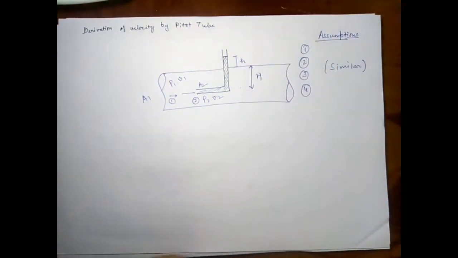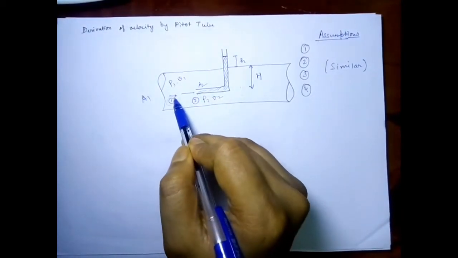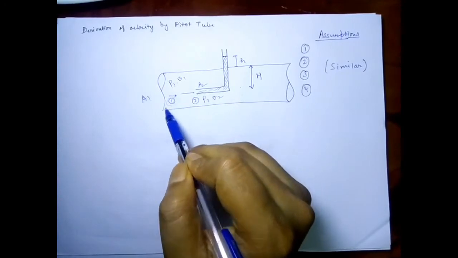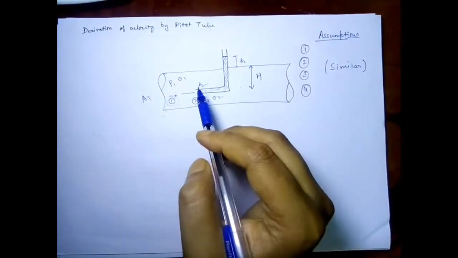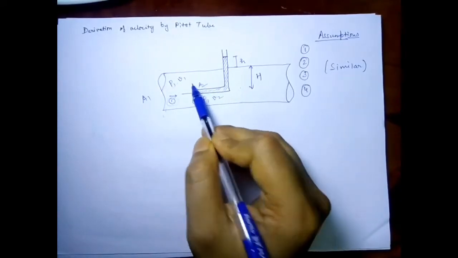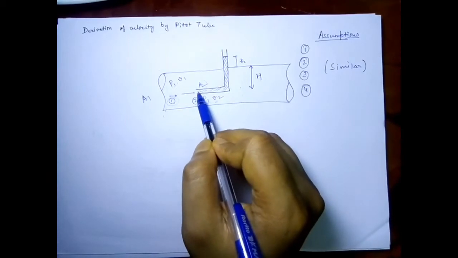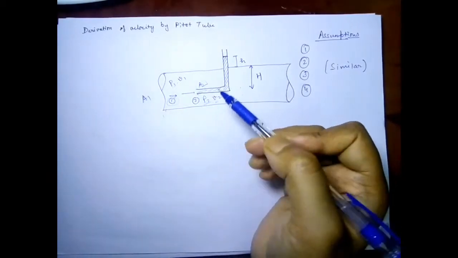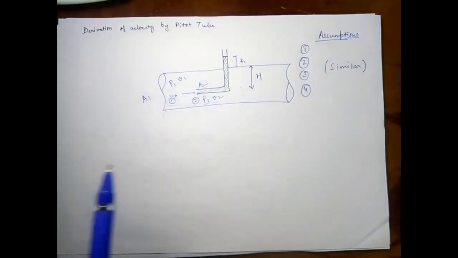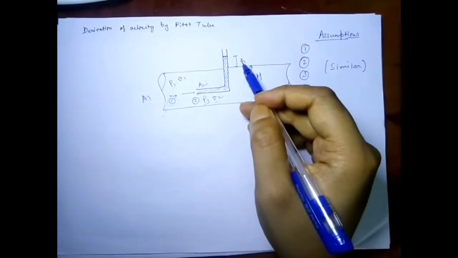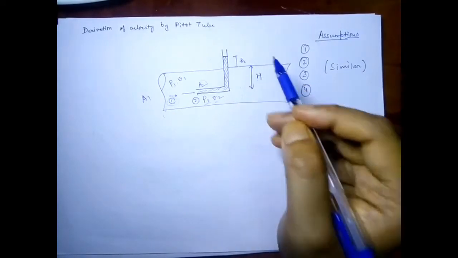I have pressure P1 and velocity V1 at section 1, where the area A1 is similar to the area of the pipe, and A2 is the area at section 2, with P2, V2 the pressure and velocity at section 2. Capital H is the depth of the tube in the liquid, and small h is the rise of liquid in the tube above the free surface.